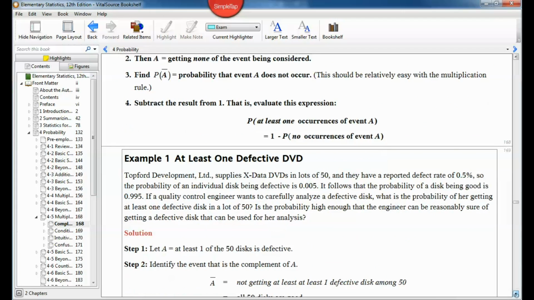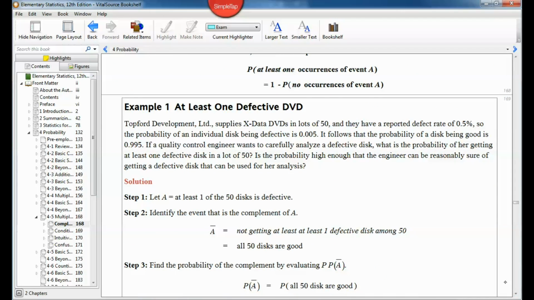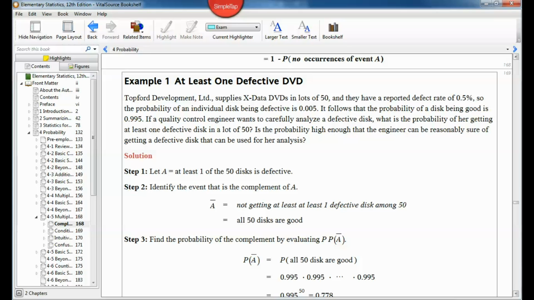Alright, so let's just really quick read through this example here in the text. Top for Development supplies X data DVDs in lots of 50, and they have a reported defect rate of 0.5%. So the probability of an individual disk being defective is 0.005. It follows that the probability of a disk being good is 0.995.